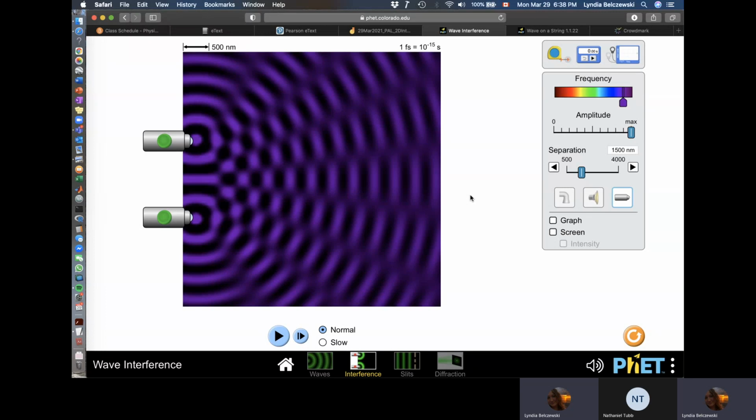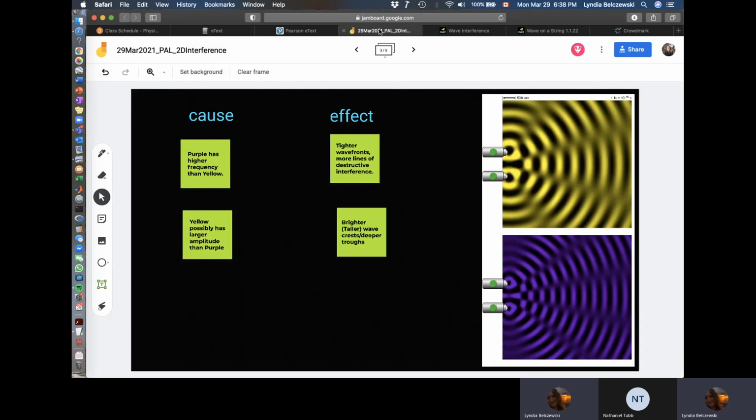Absolutely, because with a higher frequency wave, whether it's light or sound or anything, you have a shorter wavelength. And the effect is that it creates more lines of destructive interference, specifically more nodal lines.